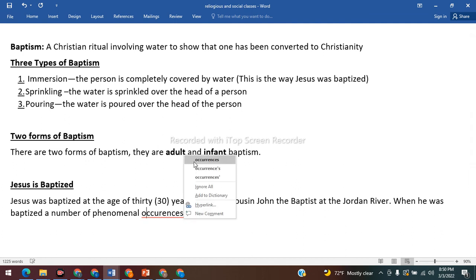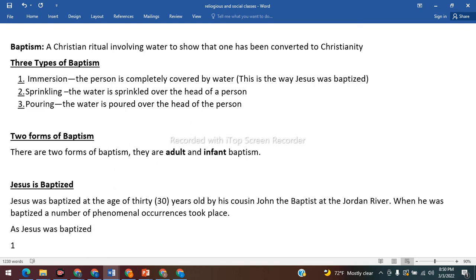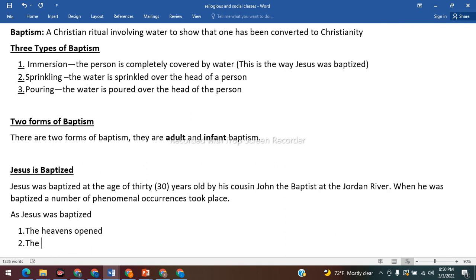So what happened when Jesus was baptized? Number one, the heavens opened. Number two, the Holy Spirit came down upon him in the form of a dove.